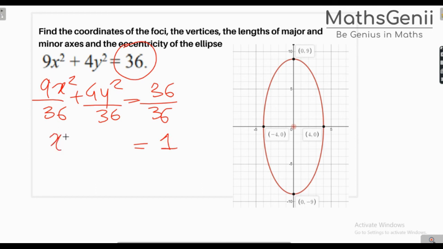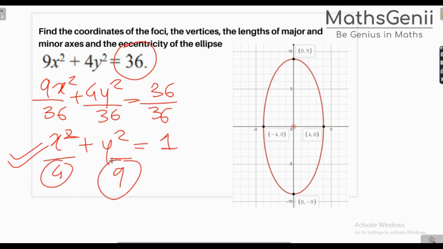Now we cancel from here. 9 ones are 9, 4 nines are 36. So I am done. Here your smaller number is 4 and your bigger number is 9, and the bigger number is the denominator for y.